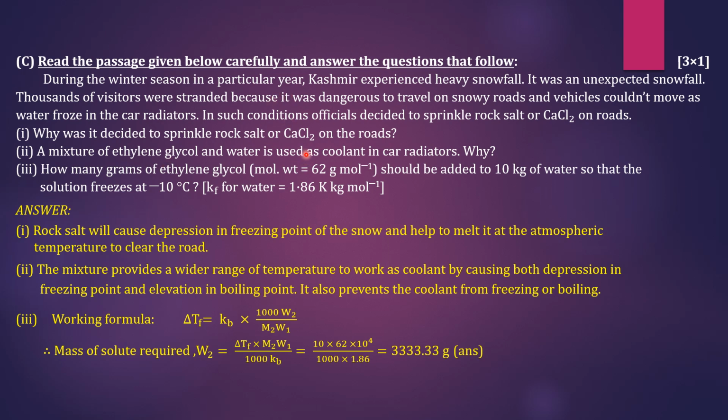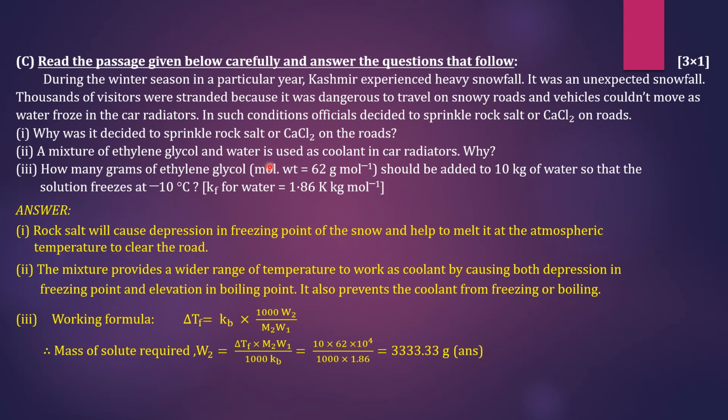So you read this paragraph. Mainly the questions are a little bit theoretical. Why is CaCl2 sprinkled? You know that if you sprinkle CaCl2 on snow, that will cause depression in freezing point, and in the cold weather, at the atmospheric temperature, the snow will start melting as its freezing point goes down.